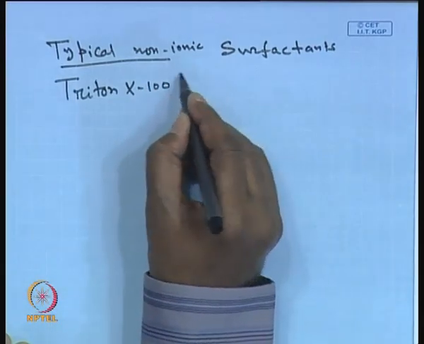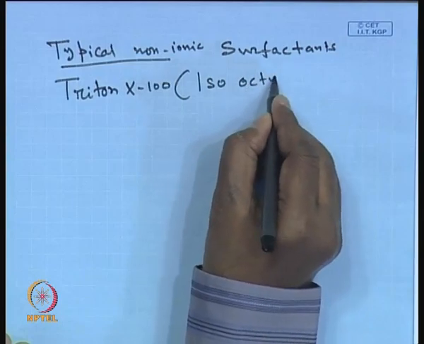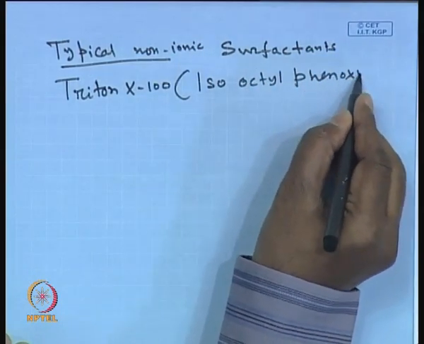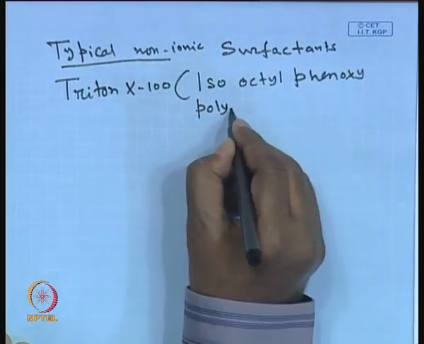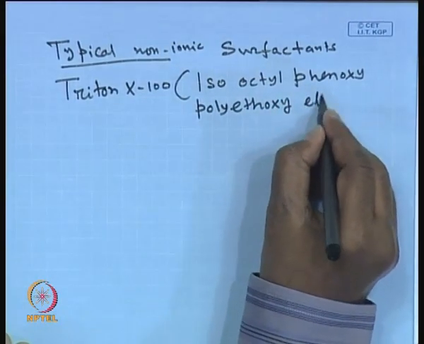Its chemical name is isooctyl phenoxy polyethoxy ethanol.